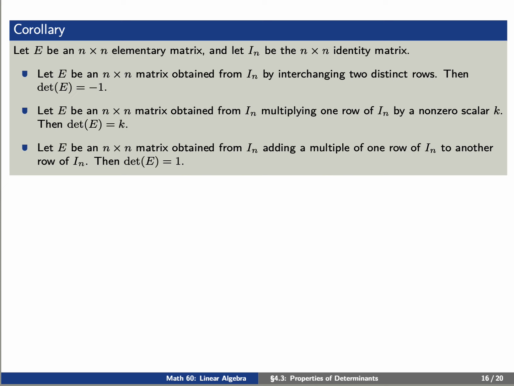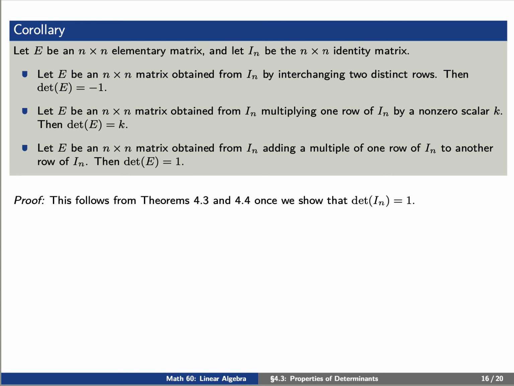And finally, if E is obtained from the identity matrix by adding a multiple of one row to another, then the determinant of E is just 1. Again, this more or less follows from the previous results, but we have to actually show one thing. That is that the determinant of the identity matrix is equal to 1.